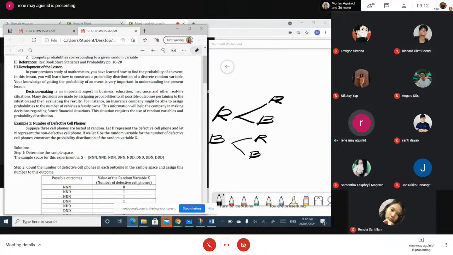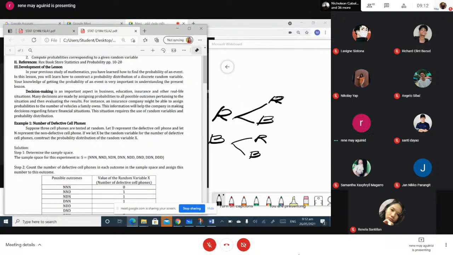But here, since we will be running out of time and limited lang atong budget sa time for the discussion, mo-focus ta kung unsay naa sa atong objectives or naa sa atong learning competencies kay ma-delayed ta.